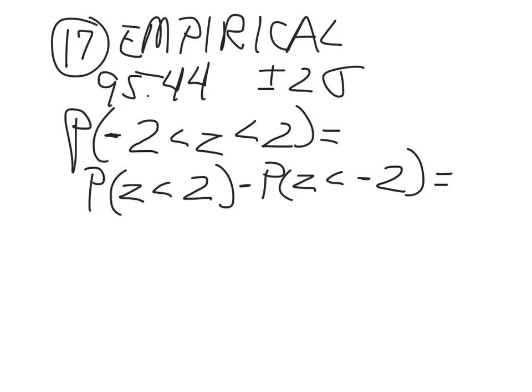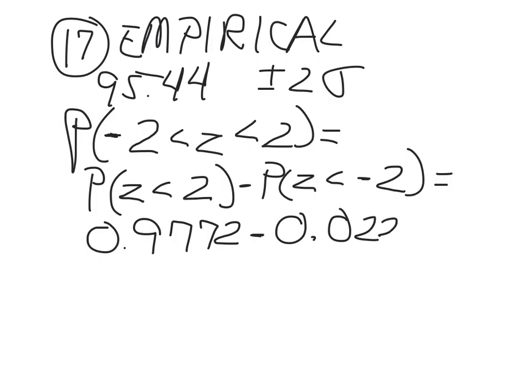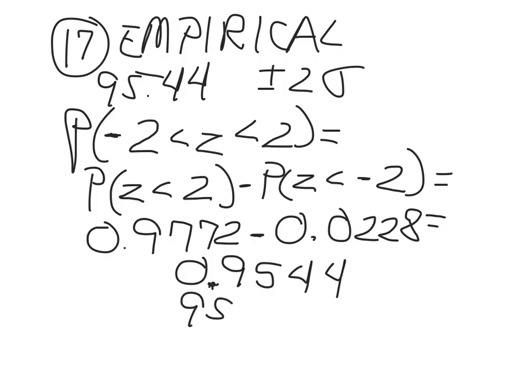So when I look up positive 2, I get 0.9772. When I look up negative 2, I get 0.0228. I do my subtraction. I get 0.9544, and this is in percentage terms, so that's simply 95.44 percent.